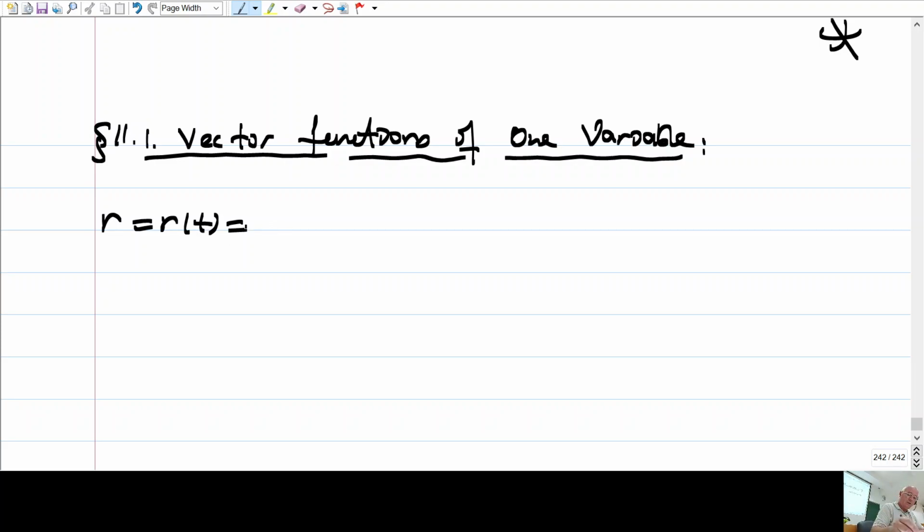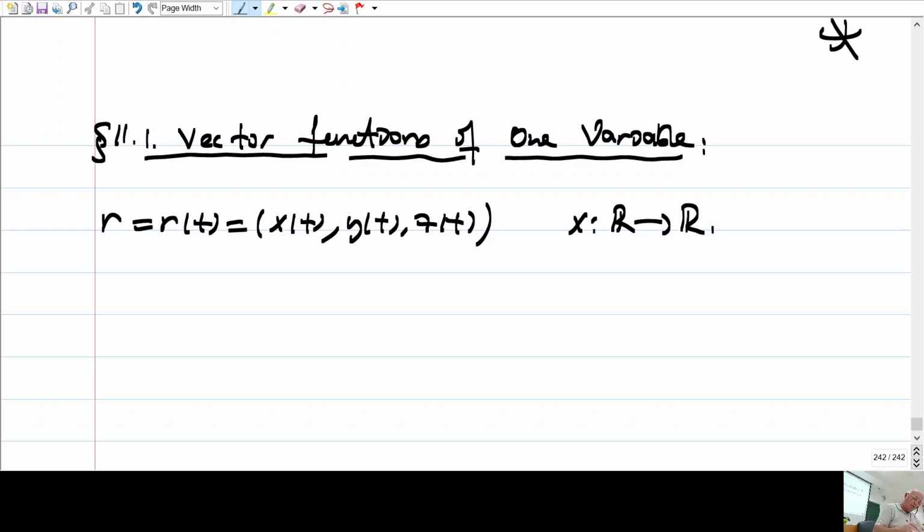So we use t. So this vector has three components: x, y, z. Here x, y, and z are functions from R to R, right? Functions from R to R.